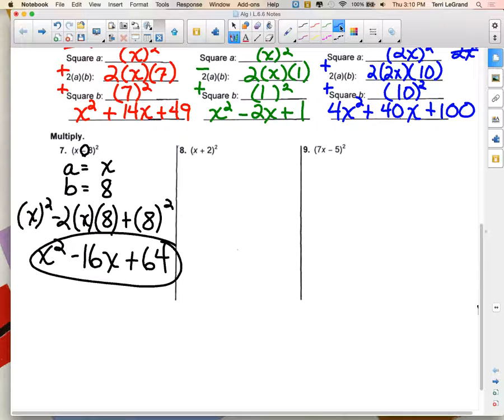A binomial times itself. A equals, B equals. Will this be a plus plus or a minus plus? This will be a plus plus.